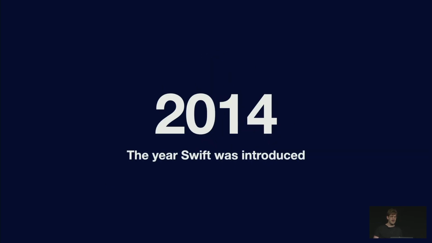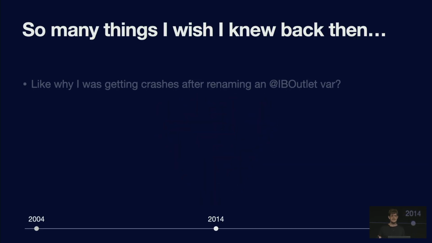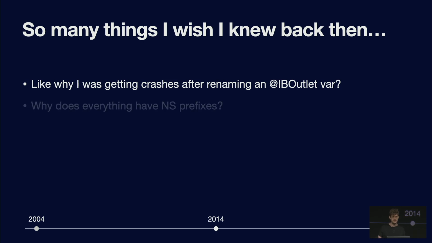10 years ago, Swift was introduced, and I was waiting for an opportunity to start iOS development, so that was the time. I bought a Mac, and I tried that, and I loved it, but at the time I was really new, and there are so many things I wish I knew. Like, what happens if I rename an IBOutlet var? I get a crash, weird. Or why is there all those NS everywhere?